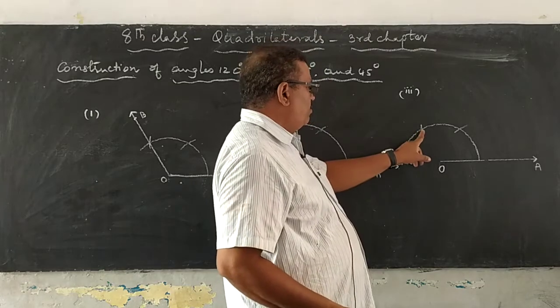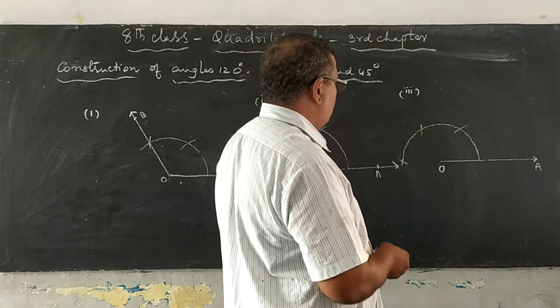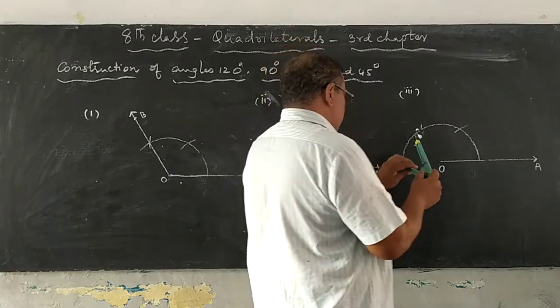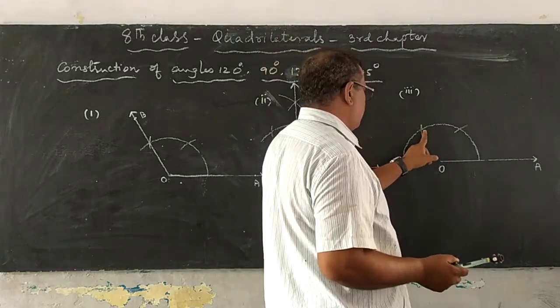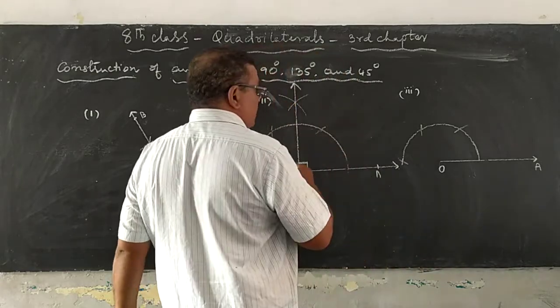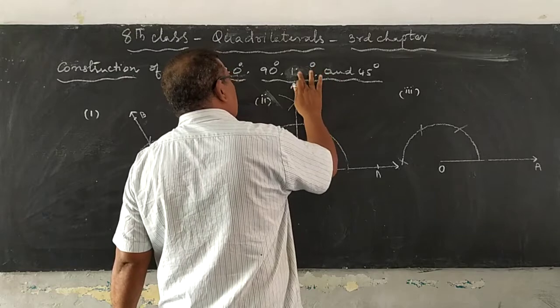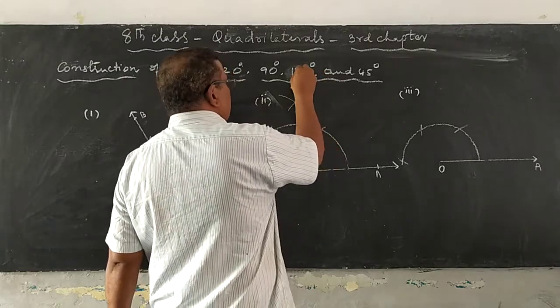Now, we need to construct the angular bisector of this angle. Up to here 120. We need to find 150 degrees. 135 is a little bit hard. Afterwards we will join that one.